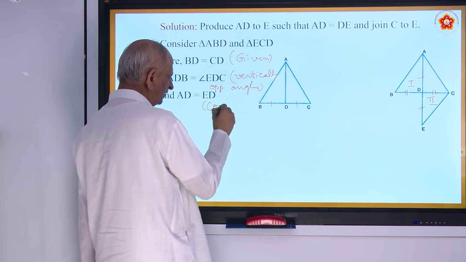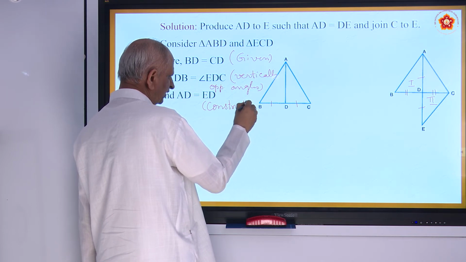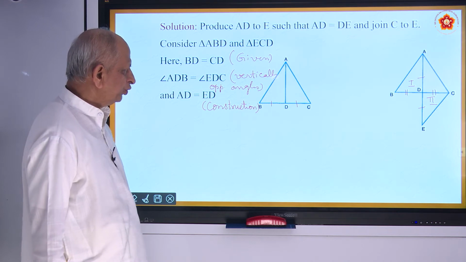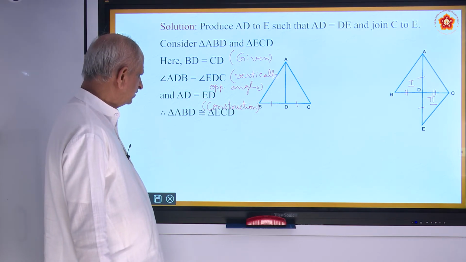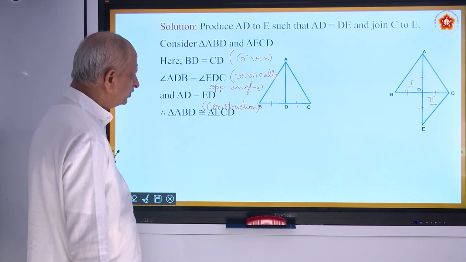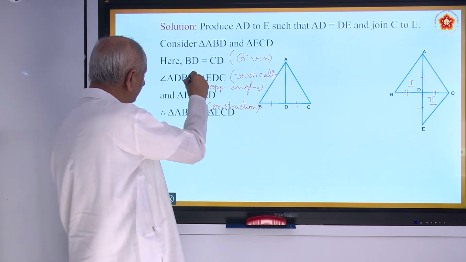For every step you must write the reason. Construction. And therefore, the two triangles are congruent. Which postulate? We can take it as one angle between two sides.